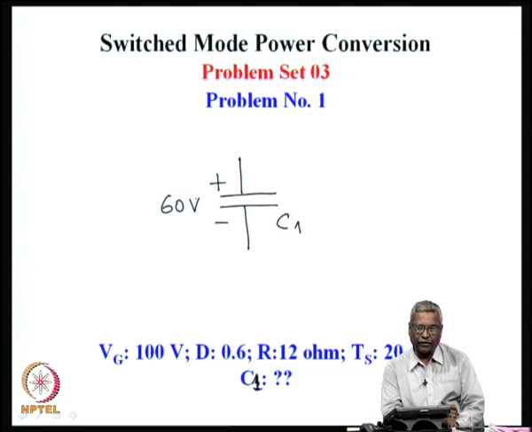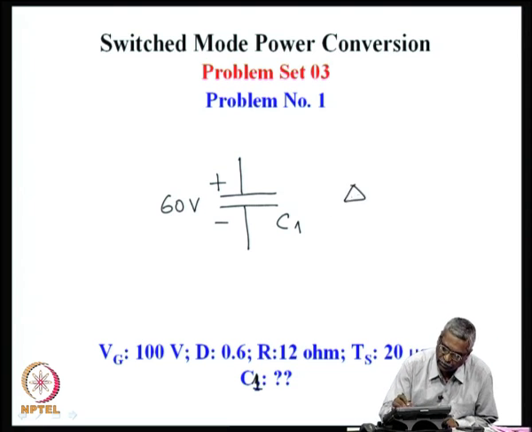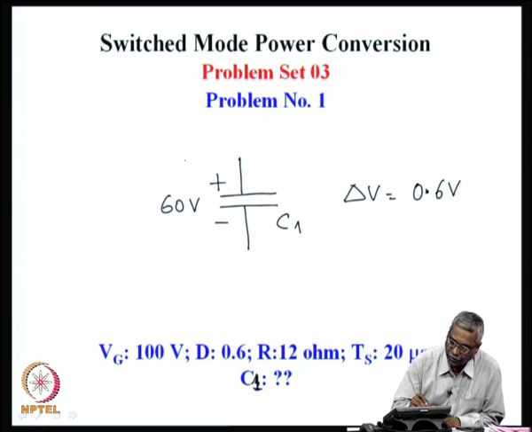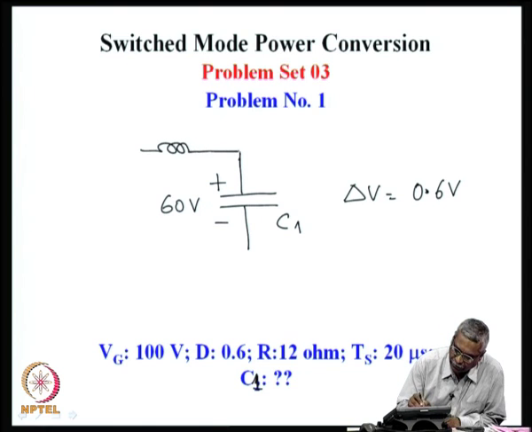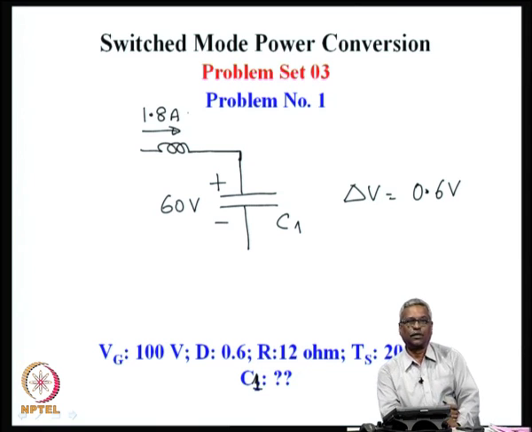So, we might say that we would tolerate a voltage ripple of 1%, which is 0.6 volts. Now, in this circuit, this capacitor has on this side an inductor which is giving a continuous current of 1.8 amperes.